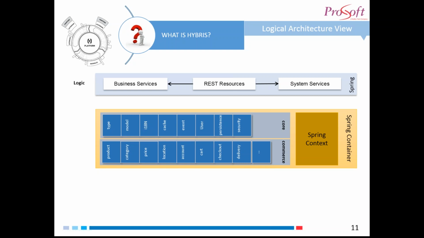When we see the extension for commerce, it's a product, a category, a price, location, account, cart, and many other functions which cannot be shown on this slide. All of them are being exposed as Spring beans.